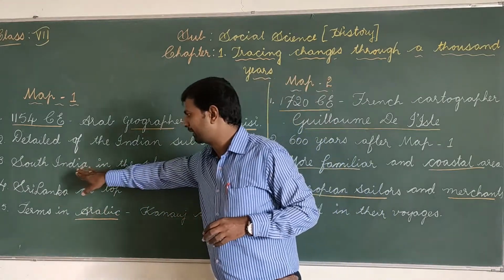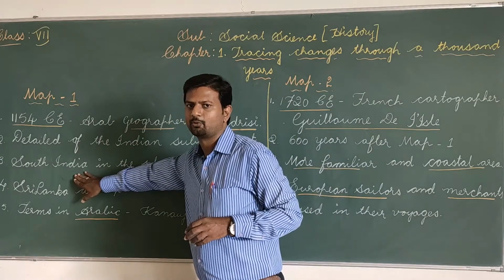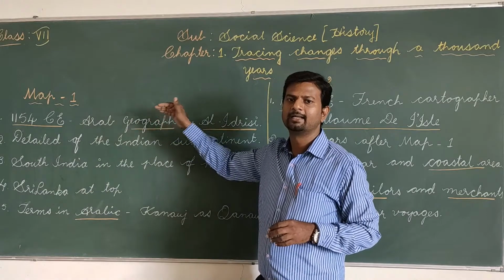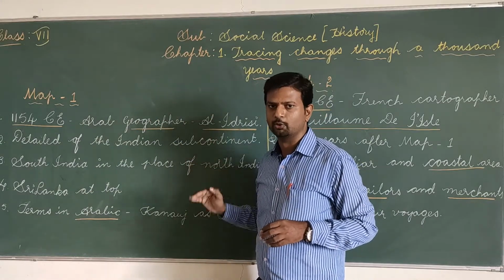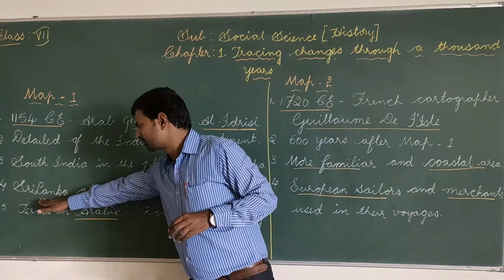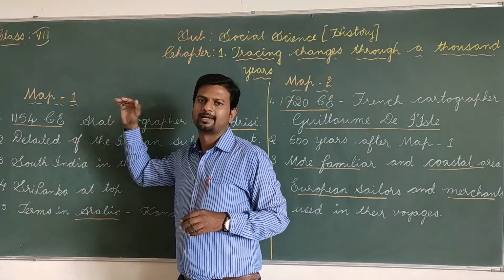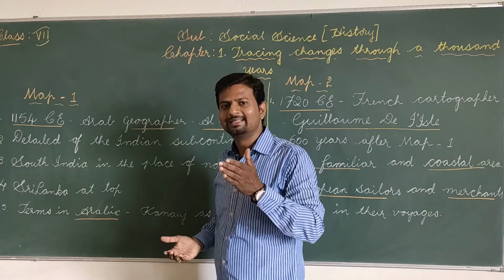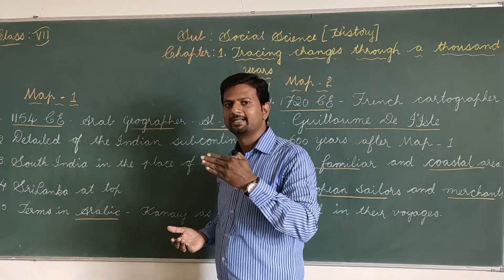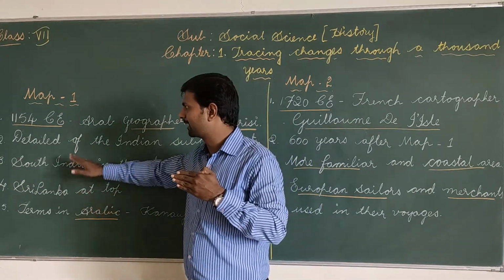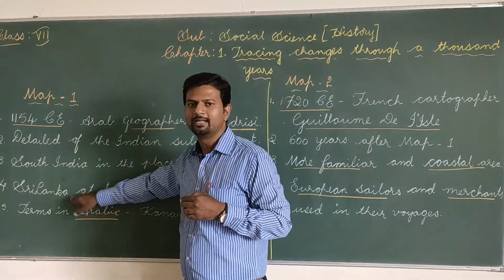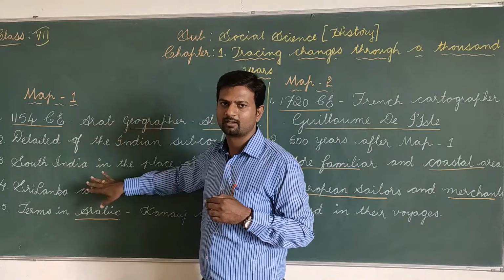The major issue in this map was South India at the top and North India below. Similarly, Sri Lanka was at the top, whereas nowadays Sri Lanka is at the bottom of India.